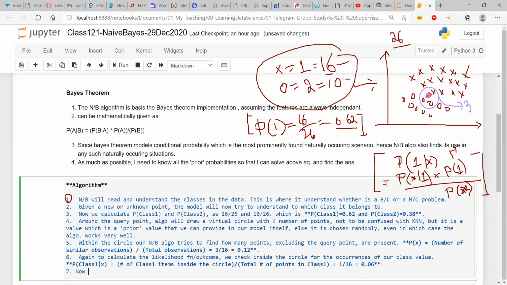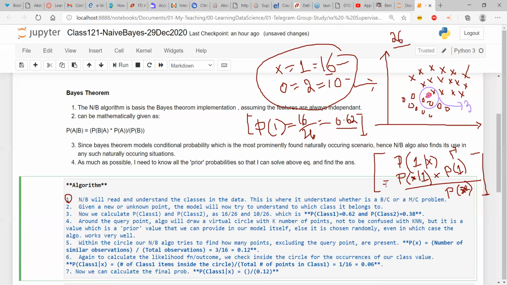Now we can calculate the final probability, which is P of class 1 given my query point. That is the numerator divided by the denominator. In the denominator, I'll have P of x, which is 0.12.